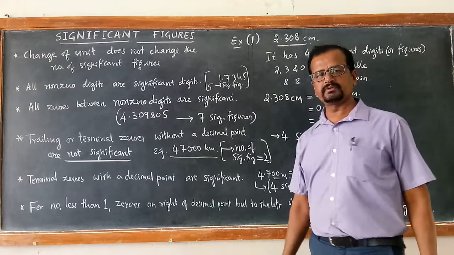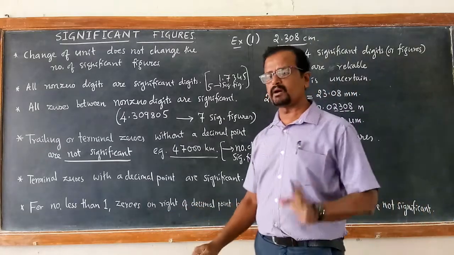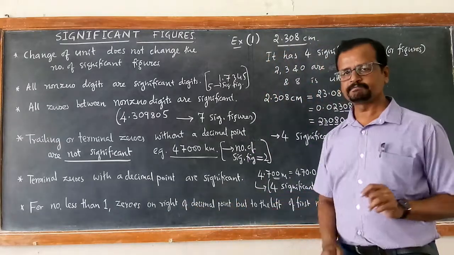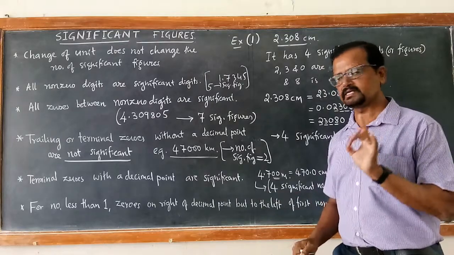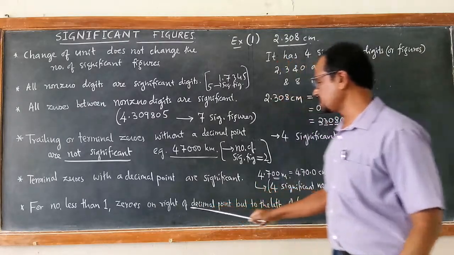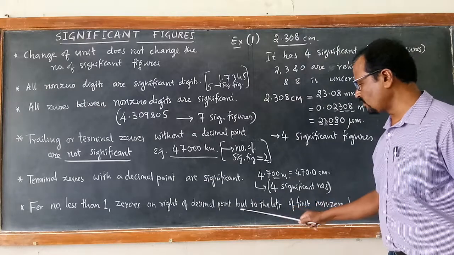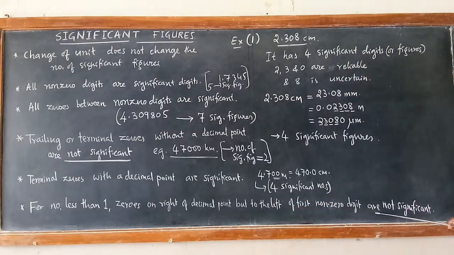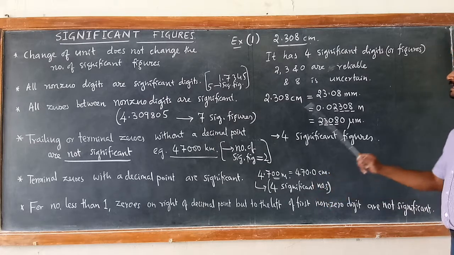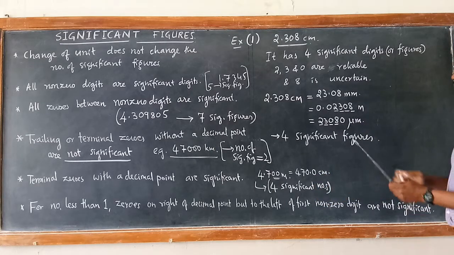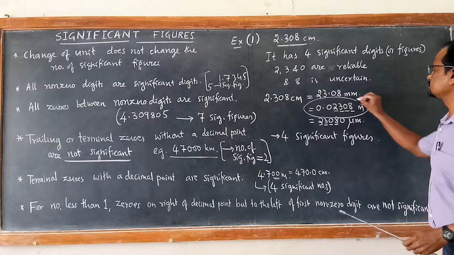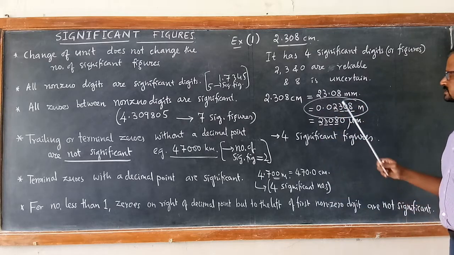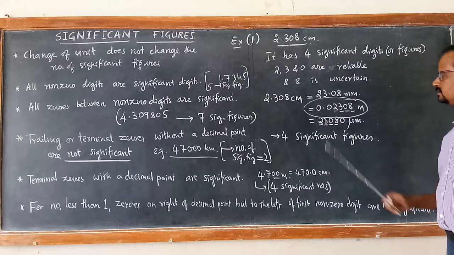Now the next one: if there is a number which is less than 1, the zeros on the right of the decimal point but to the left of the first non-zero digit are not significant. Look at this example, a number less than 1 meter.